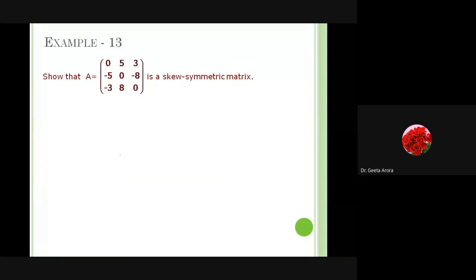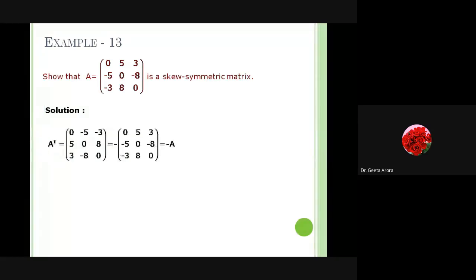So how can the questions be asked? Either we have to verify that a matrix is symmetric or skew symmetric, or we are looking for some unknowns. Two types of questions can be framed. Here we have to show that it is a skew symmetric matrix.